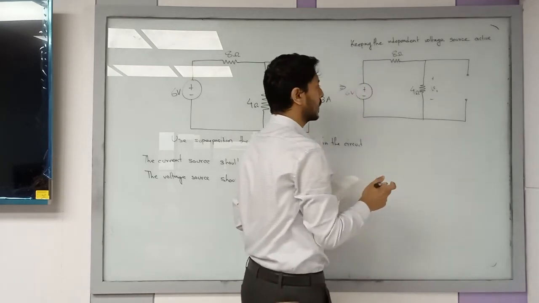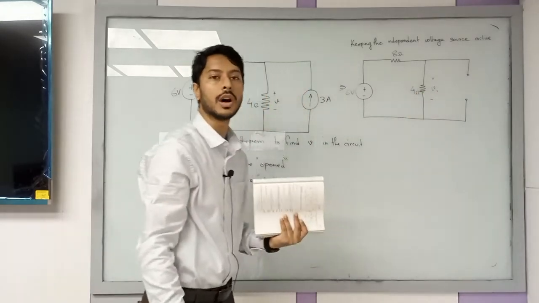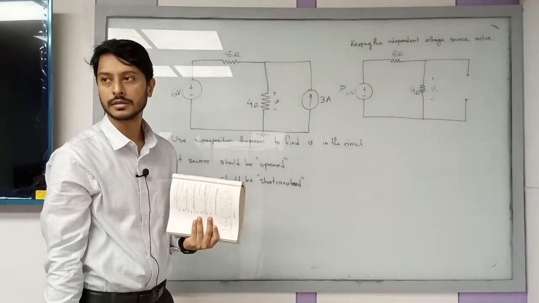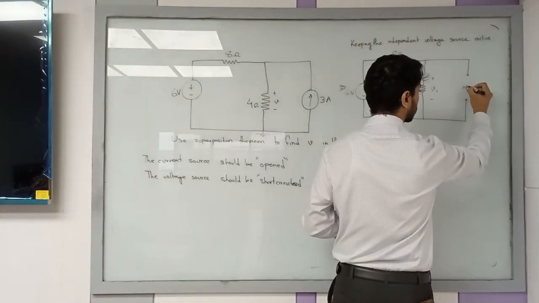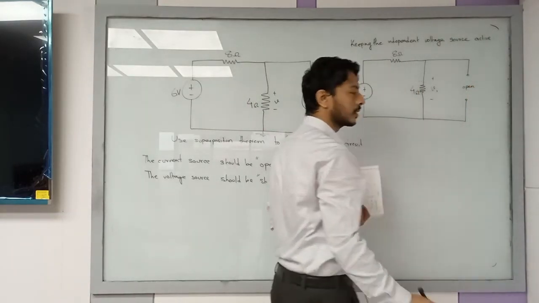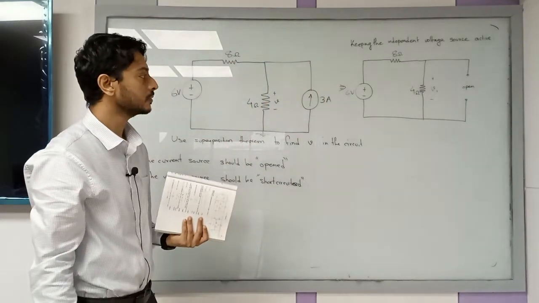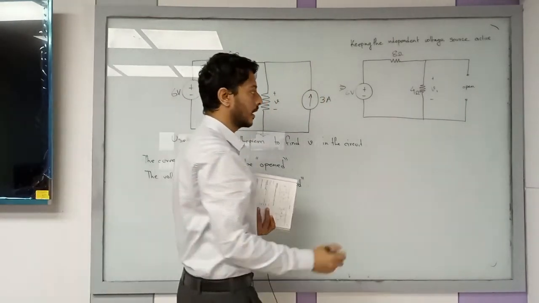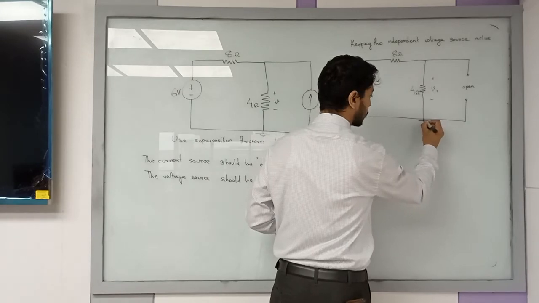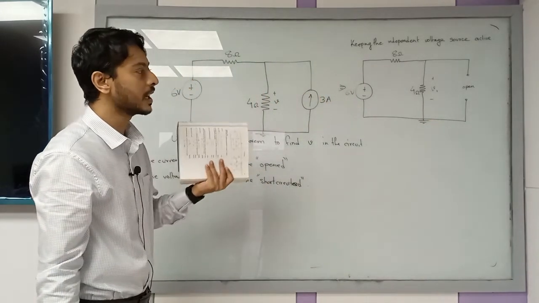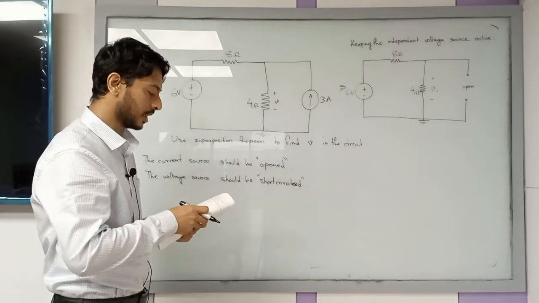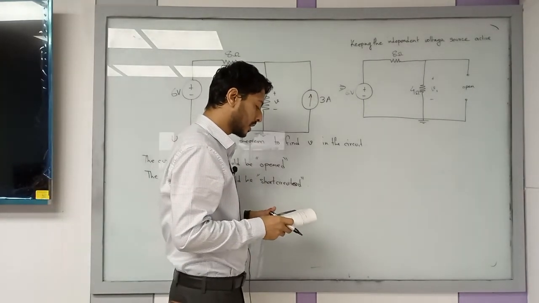So you have to find voltage V1 in this circuit. This current source should be open. Okay? So you have to find the voltage V1 from here. So what should be the voltage V1?